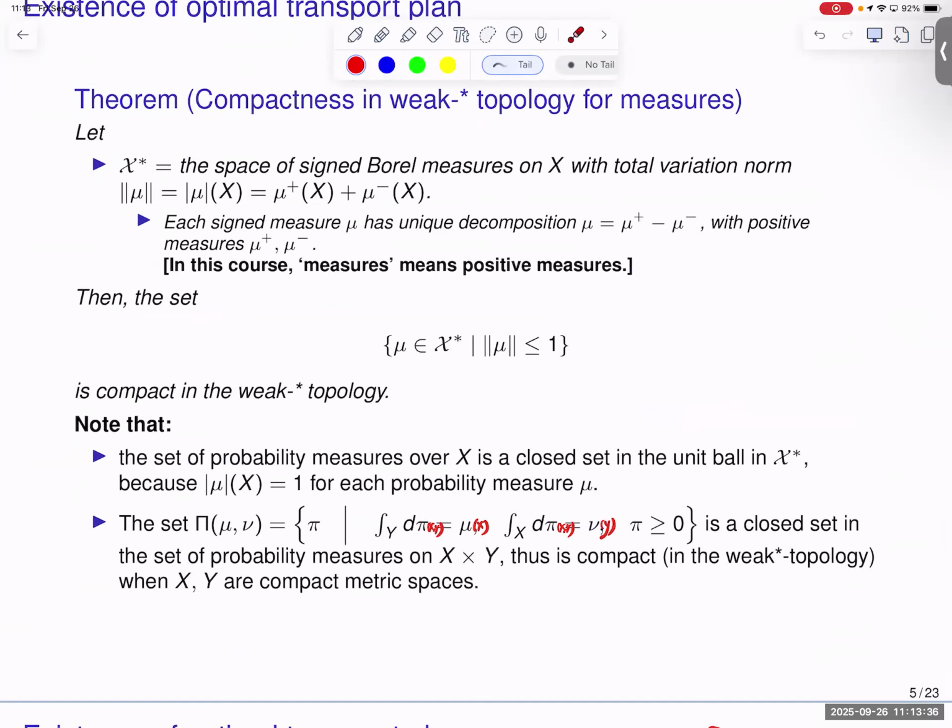And if the underlying domain, in our case X and Y, is compact, then the space of measures on that domain with respect to this natural topology is again compact. So that is something you can just remember.